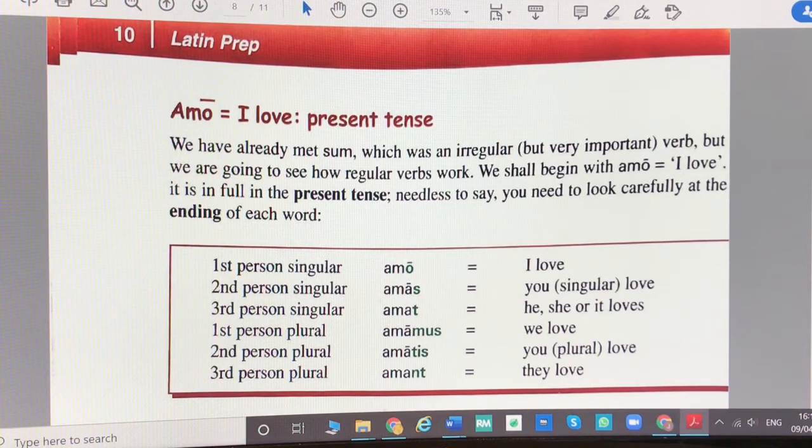Amo, amas, amat, amamus, amatis, amant. I love, you love, he, she or it loves, we love, you love, they love. When you can do that, eyes closed, by heart, no mistakes, ever, then you move on.